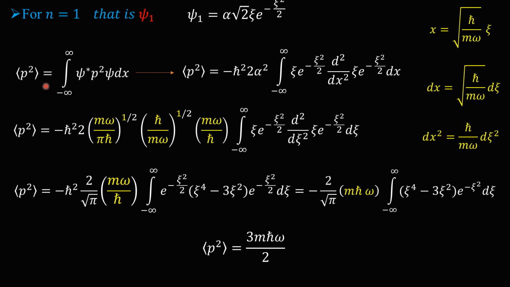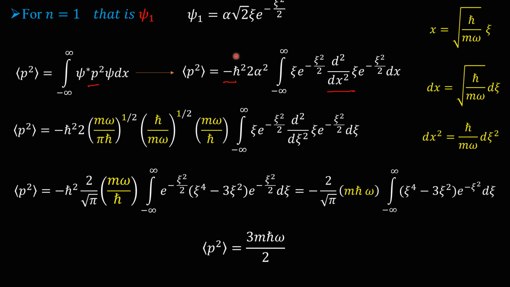Now by definition the expectation value of p squared is the integral from minus infinity to plus infinity, as usual, of psi star p squared psi dx. Now I am replacing p squared by its operator, that is minus ħ squared d2 over dx2. Then you substitute the wave function.